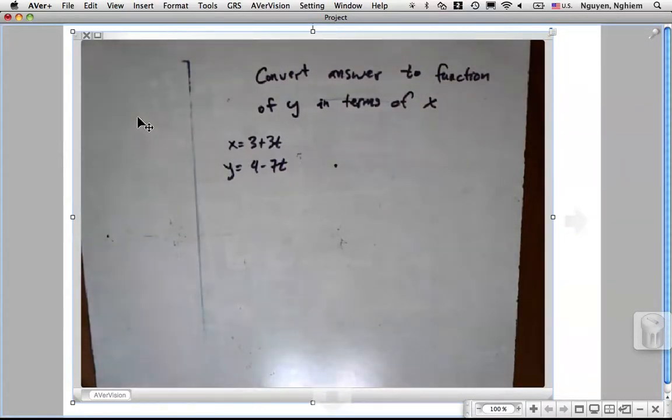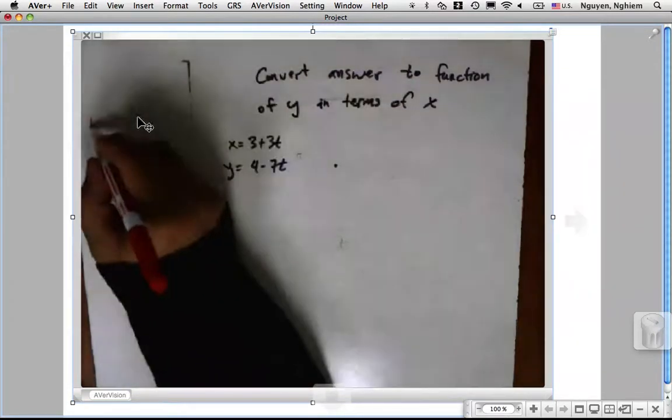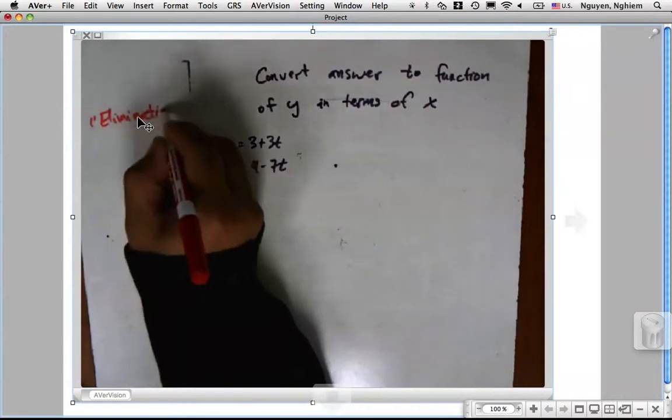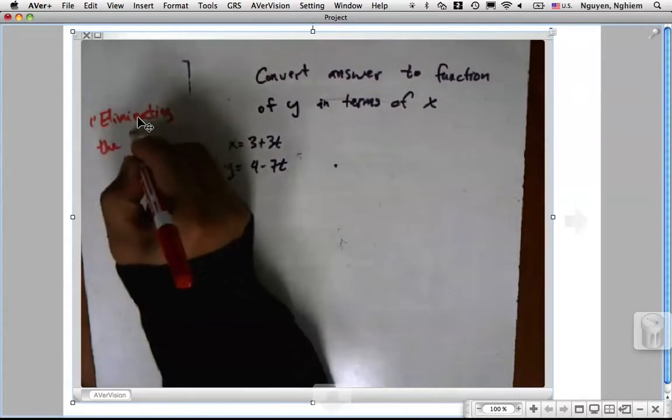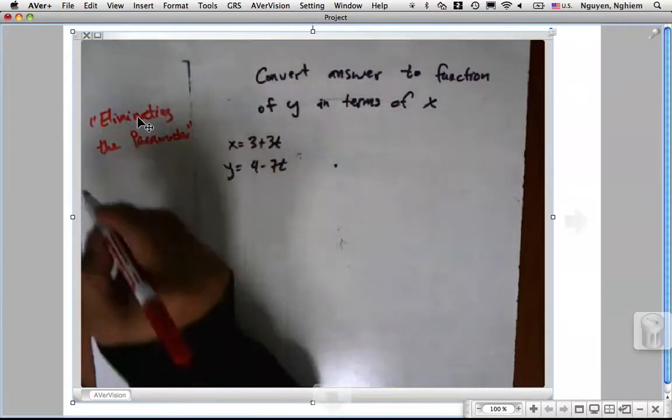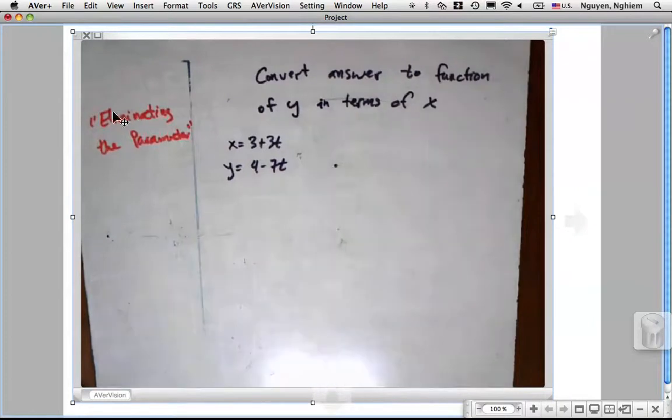Parametric equations are nice because they allow you to work with 3 variables, but sometimes you may only need to work with 2 of those 3 variables. And this is also called eliminating the parameter. Okay? And the parameter in most cases is going to be t. So basically we're trying to eliminate t, remove t from the picture here.